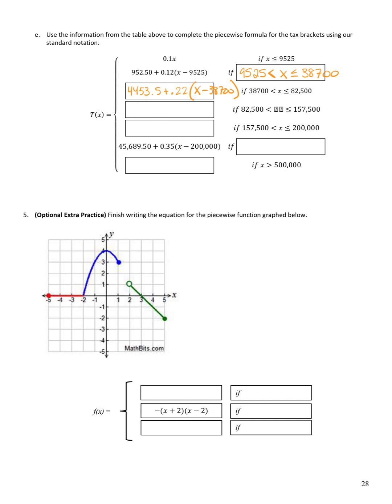Then if you're between 82,500 and 157,500, our formula is $14,089.50 plus 24% on the amount over 82,500.